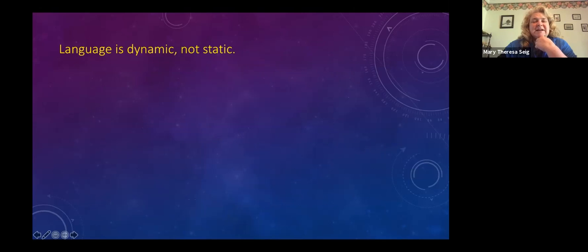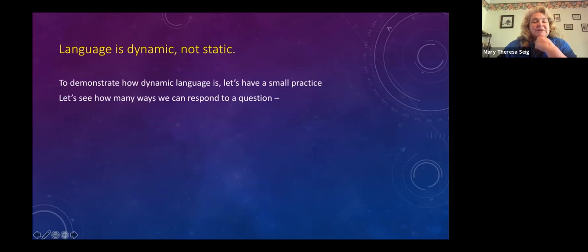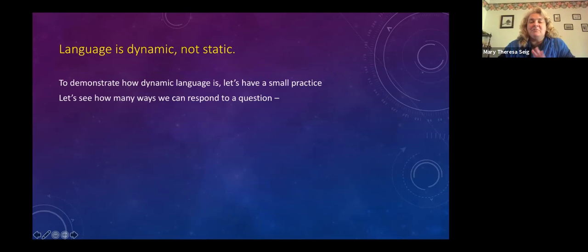So let's take the idea that language is dynamic and not static. Okay? And let's look at a couple of questions. Let's have a small practice about this. Let's see how many ways we can respond to a question. Okay? I'm going to show you the two questions in just a moment. What I'm going to do then is put you into breakout rooms.